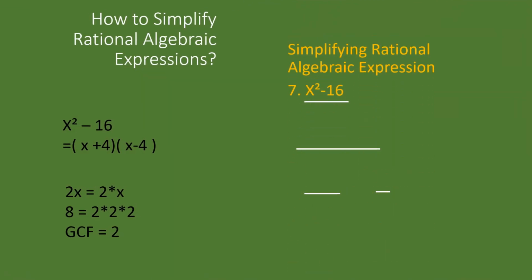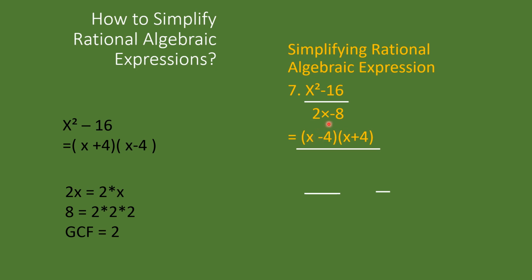I have here x squared minus 16 divided by 2x minus 8. The numerator is a difference of two squares, and we can factor this easily as x plus 4 times quantity x minus 4. Simply get the square root of x squared and the square root of 16. So that's the factored form of the numerator.